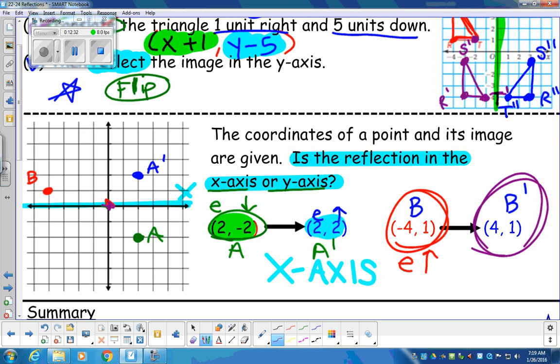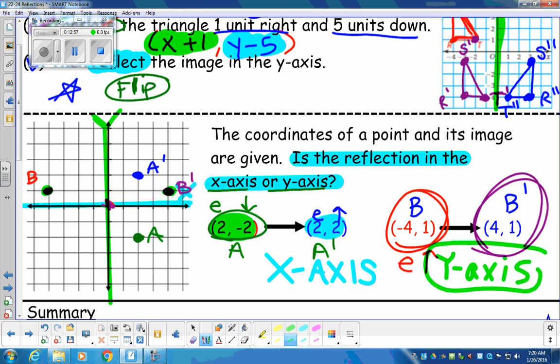We're going to go right, 1, 2, 3, 4, up 1, which is B prime. We would look at that and say, well, is it a flip over the x-axis or the y-axis? Well, if we highlight our axes, here's our y-axis. Did we flip B over the y-axis? Yes, we did. From B to B prime, we're flipping over the y-axis.